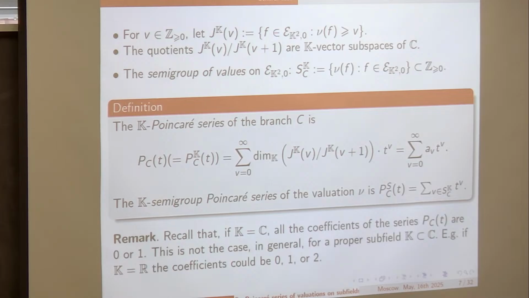But this is not the case if you take another field. For example, if you take the real numbers, the coefficients here could be 0, 1, or 2, because they are subspaces of the complex field, but real subspaces. You could have only 0, 1, or 2 dimensions. But in general, the situation is much more complicated.